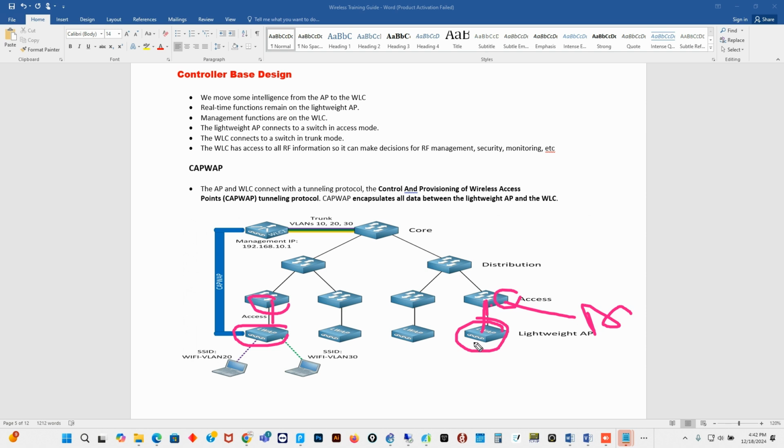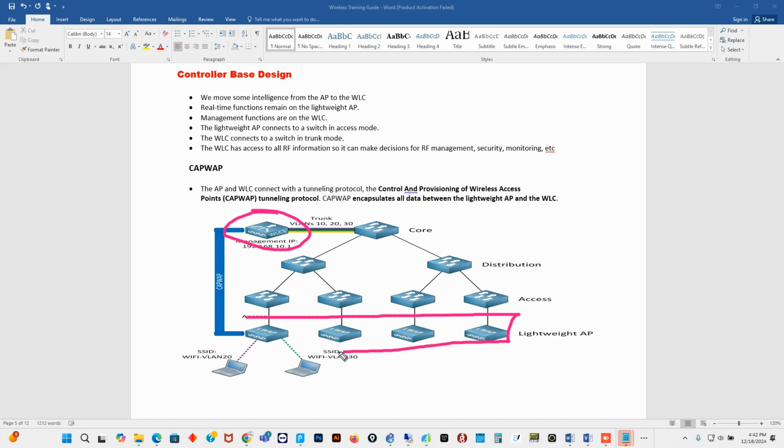VLAN, and then this AP will discover the wireless controller in the environment, and we'll be able to deal with that. I'm also going to go through the models of wireless controllers we have, and also go through APs as the training goes further. But this conversation is just to give you an idea about the network setup or the topology setup when it comes to wireless.